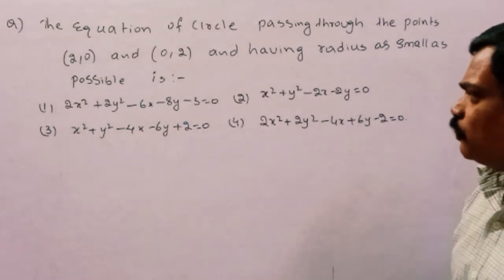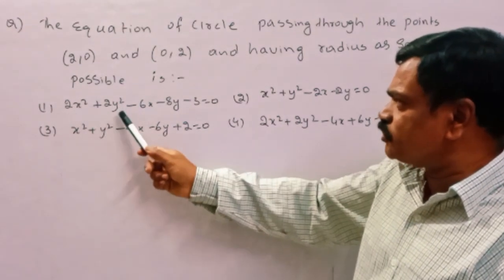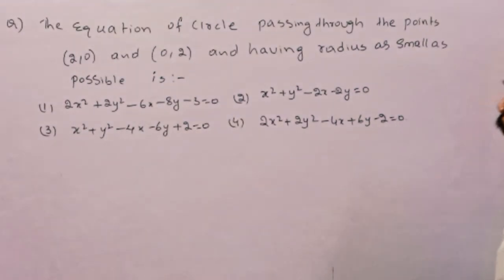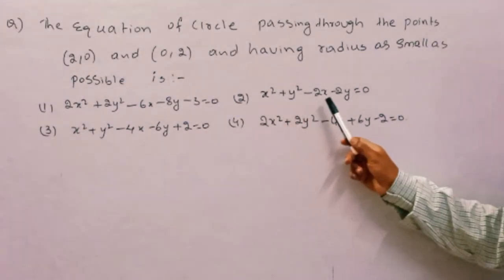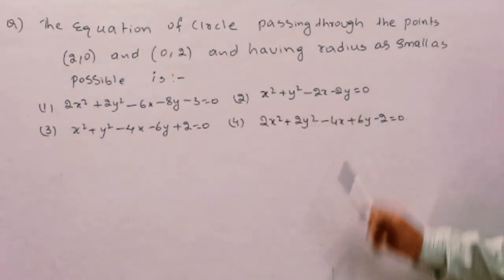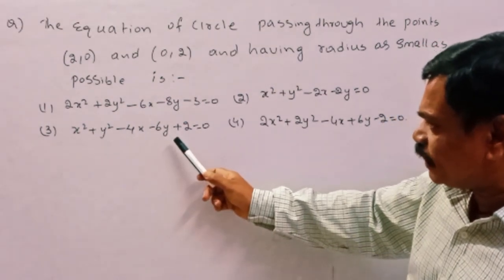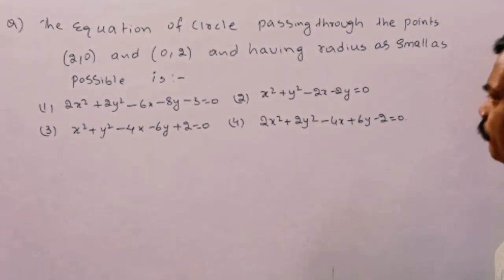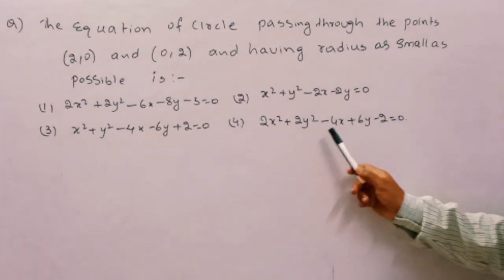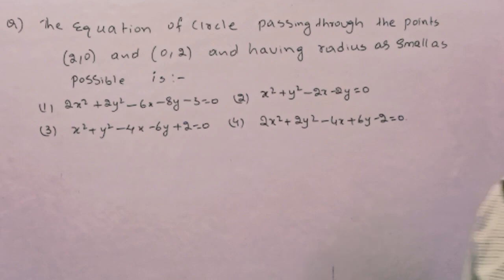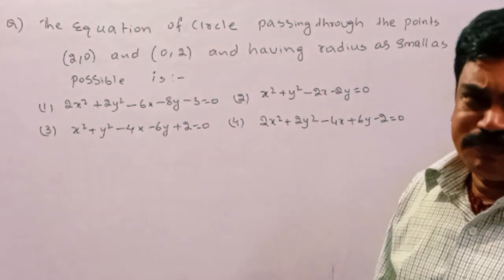Option 1: 2x square plus 2y square minus 6x minus 8y minus 3 equal to 0. Option 2: x square plus y square minus 2x minus 2y equal to 0. Option 3: x square plus y square minus 4x minus 6y plus 2 equal to 0. Option 4: 2x square plus 2y square minus 4x plus 6y minus 2 equal to 0.